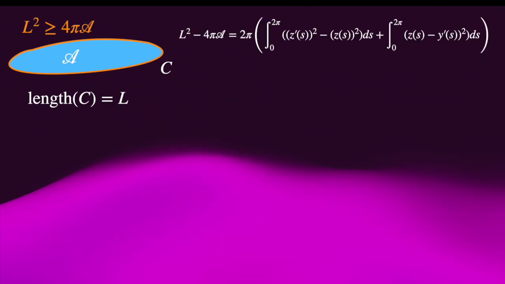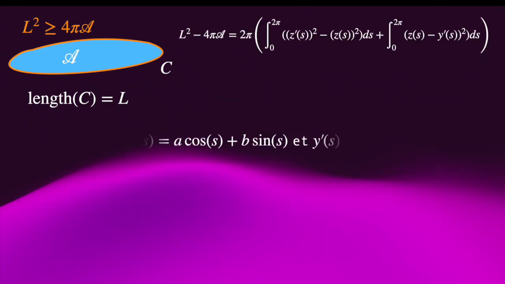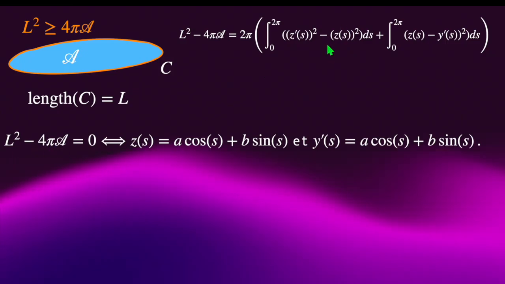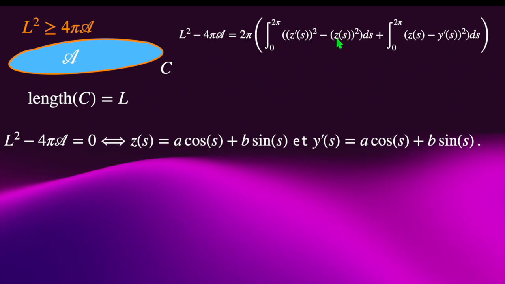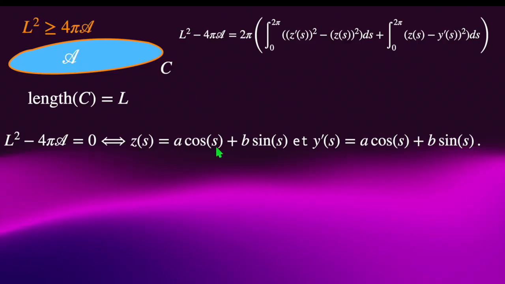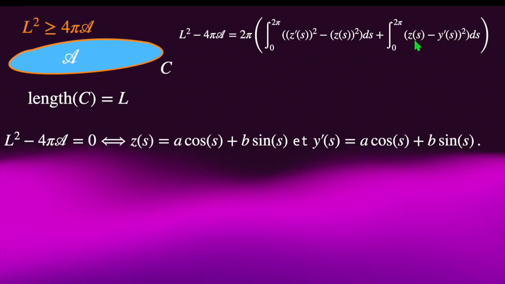So we get that this is equal to 0 if we have the equality in Wirtinger formula, but we have seen that we have the equality in Wirtinger formula if the function is a combination of cosine and sine.